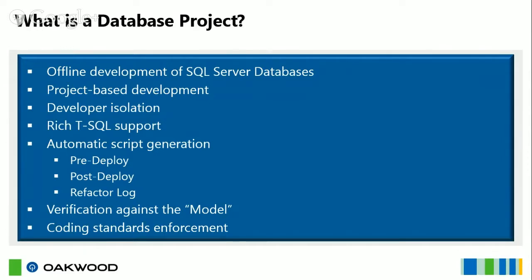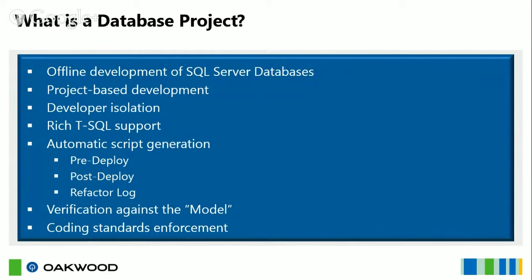So I mentioned before that there's a lot of automated script generation through a database project. I also mentioned the pre- and post-deploy scripts. What I didn't really talk about is the refactor log. Since you get that rich T-SQL support, you can rename a column just by right-clicking and saying rename, whether in the script or in the table designer. You can refactor using the Visual Studio context menu.